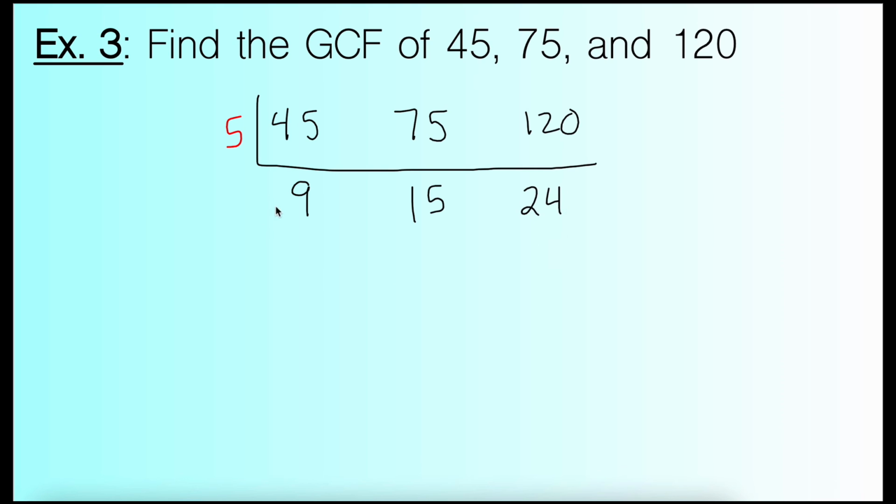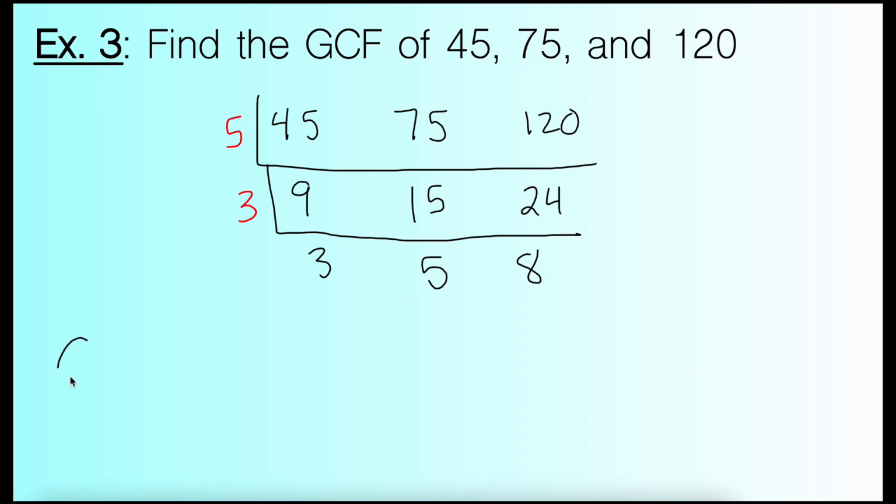All right, is there something that can go into all 3 of these numbers? The answer is yes. All of those are divisible by 3, so they share a factor of 3. 9 divided by 3 is 3, 15 divided by 3 is 5, 24 divided by 3 is 8, and now I'm at a point where there's nothing that can go into 3, 5, and 8, so I need to stop.